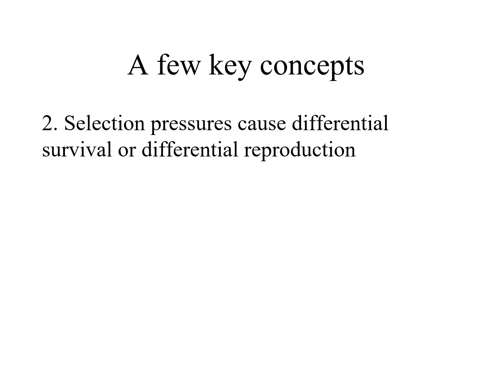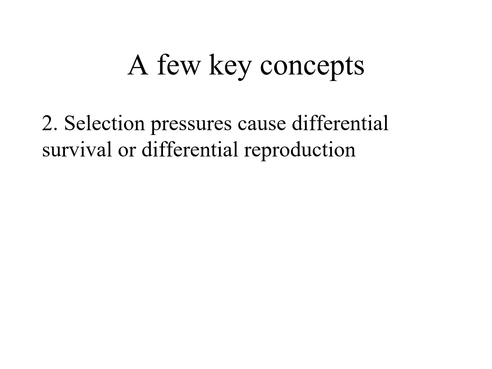All right, so the whole essence of natural selection is this idea that there are forces in nature that we call selection pressures that cause a difference in the rate of survival and reproduction in a population.